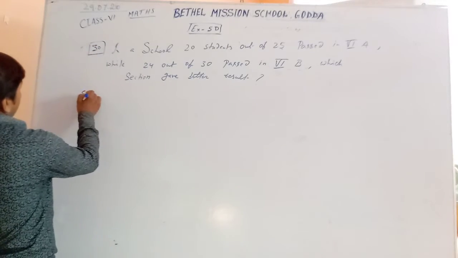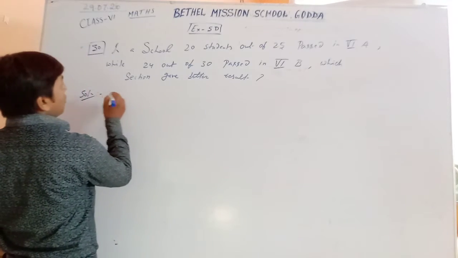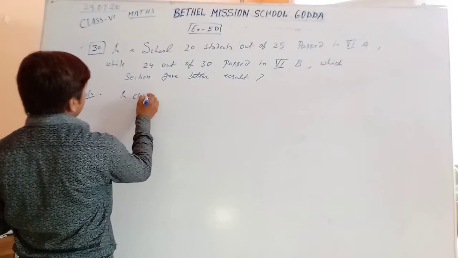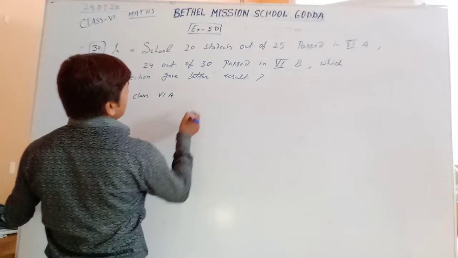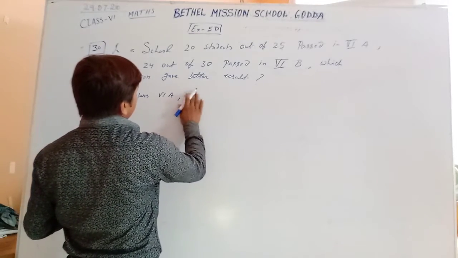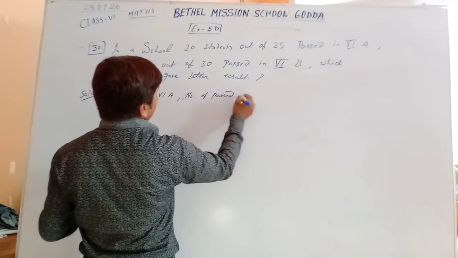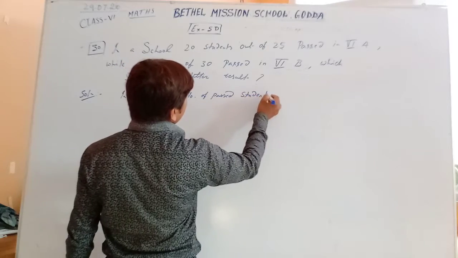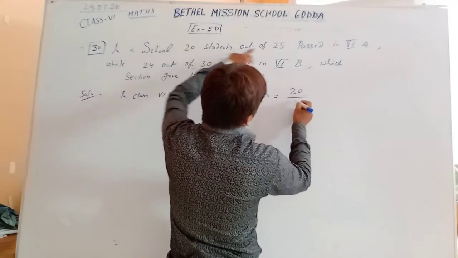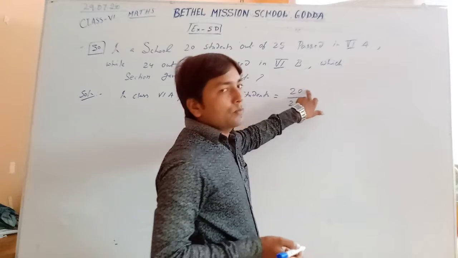So we have to compare which is more. In 6A, the number of passed students: 20 students out of 25, total 25 and 20 students passed.